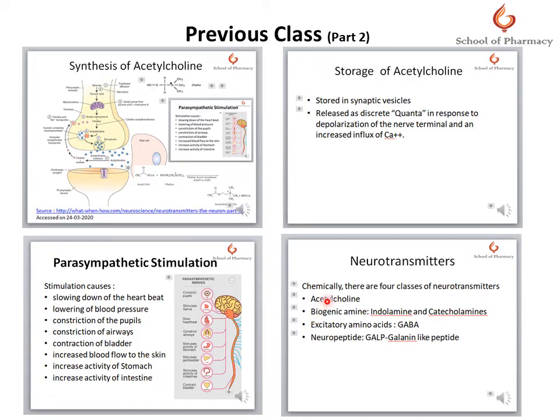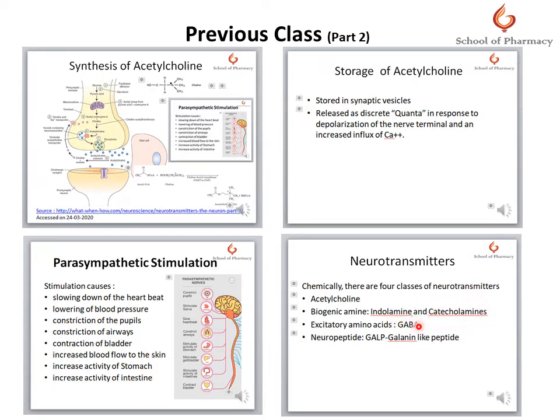There are four categories of neurotransmitters in the body. One is acetylcholine, the second is biogenic amines, the third is excitatory amino acids, which includes gamma aminobutyric acid, and the fourth is neuropeptides, such as galanin-like peptide. Around 50 neuropeptides are known. Among the biogenic amines are indolamines and catecholamines.